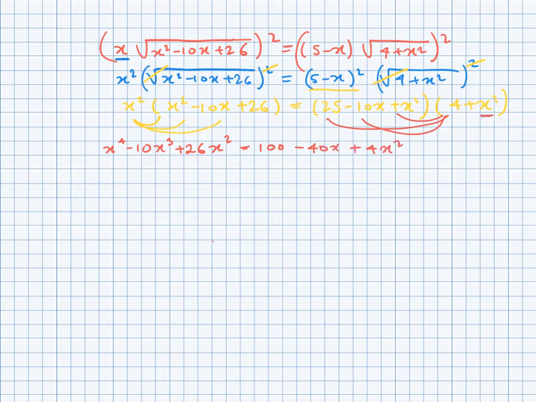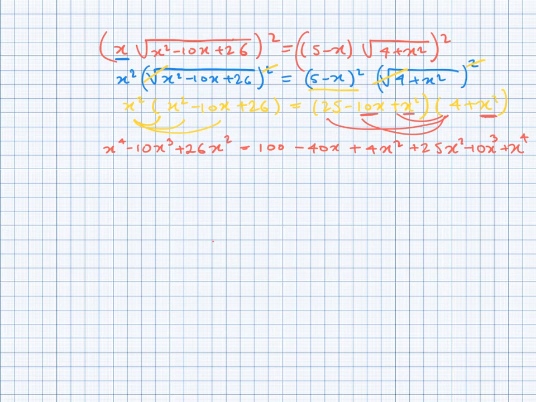And now we do the same with x to the power of 2, which is plus 25x to the power of 2. And then x to the power of 2 times negative 10x is negative 10x to the power of 3. And x to the power of 2 times x to the power of 2 is plus x to the power of 4. Now we're going to have a look if we can cancel out anything.